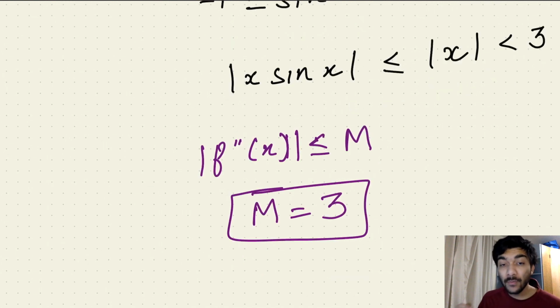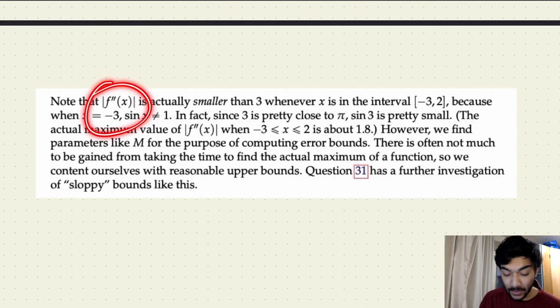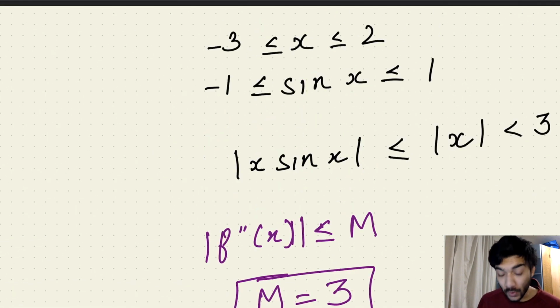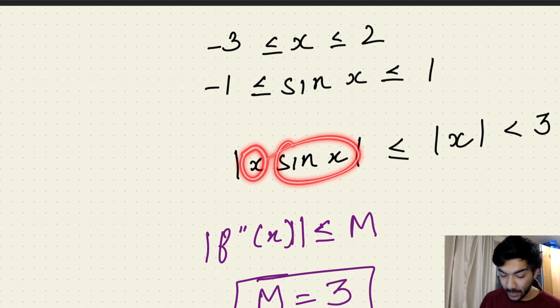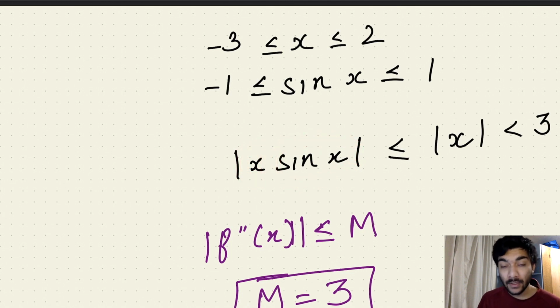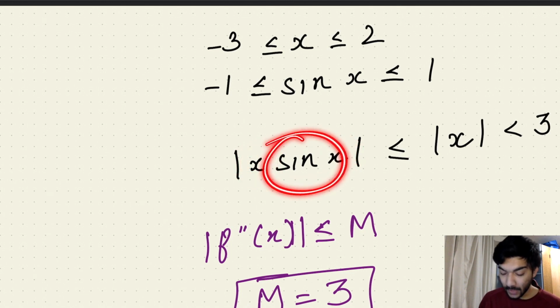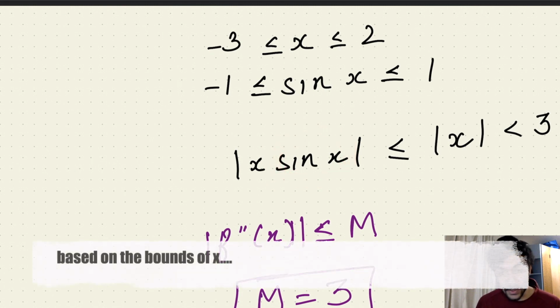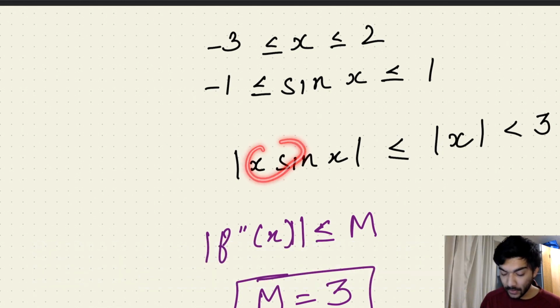But there is also one important note provided in the solution of this question, that the absolute value of the double derivative of f of x is actually smaller than 3, because the maximum values of x and sin x cannot occur simultaneously, right? For sin x to be equal to 1, x should be equal to pi by 2, but if x is equal to pi by 2, this expression is less than 3.